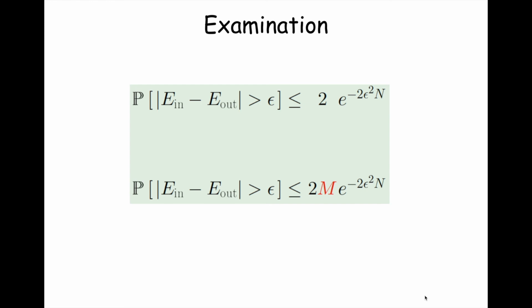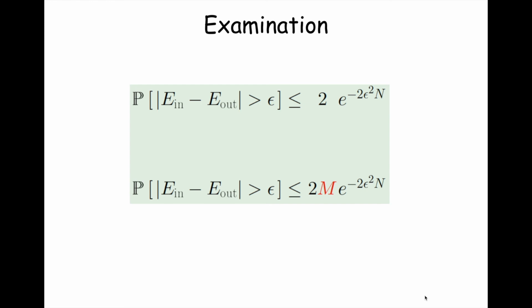We introduced this quantity M using the union bound, and M was a notional measure of the complexity of your hypothesis set. The bigger M is, the more complex the hypothesis set, which means you have a larger number of alternatives to draw from when trying to find some final best hypothesis G that most closely coincides with your ground truth target function.